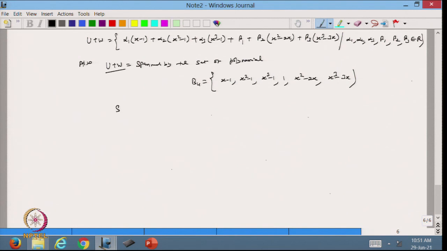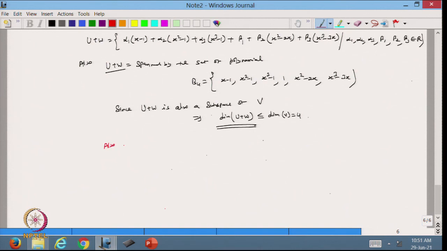Now, since u plus w is also a subspace of V, we already know that the dimension of u plus w is less than or equal to the dimension of V, that is equal to 4. It means its dimension at max can be 4.